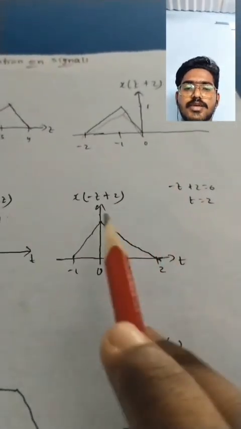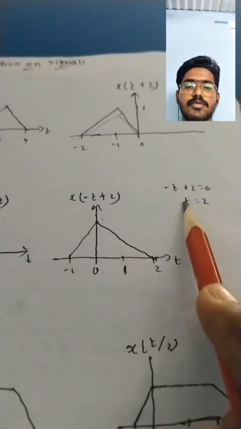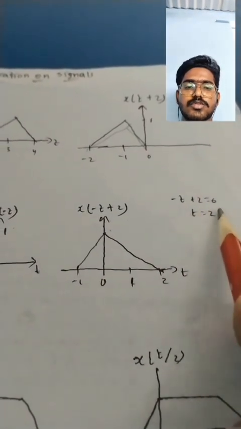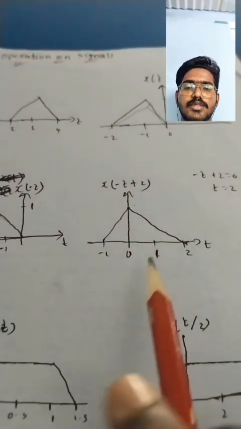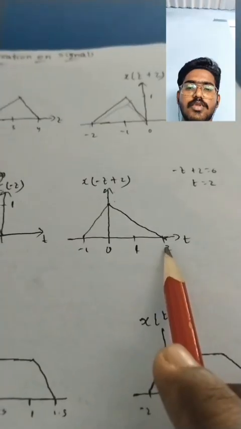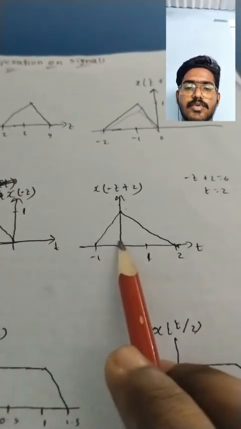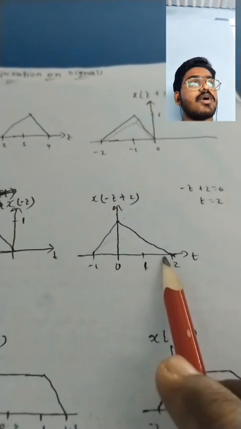If we take x of minus t plus 2, then minus t plus 2 equal to 0, t equal to 2. At t equal to 2, the signal extends from minus 1 to 2. This is how we represent the signal.